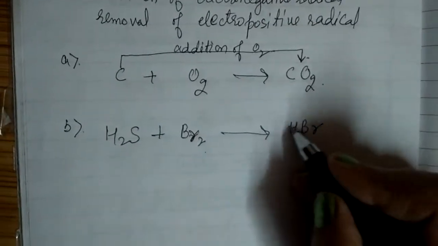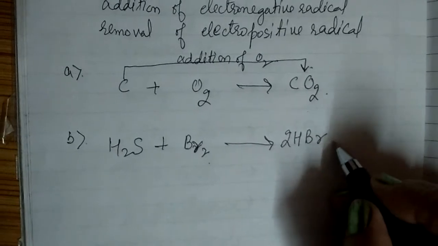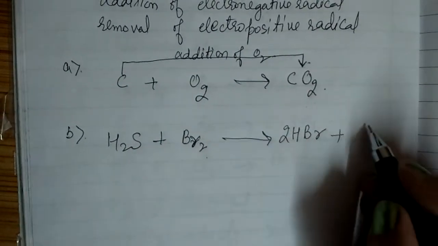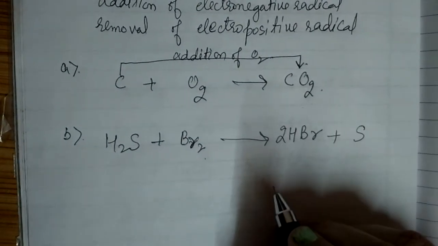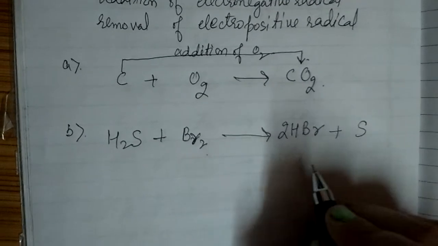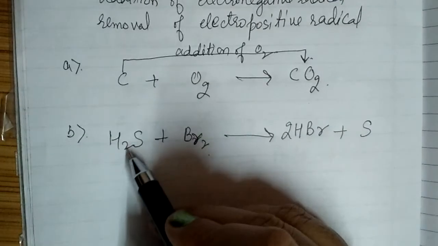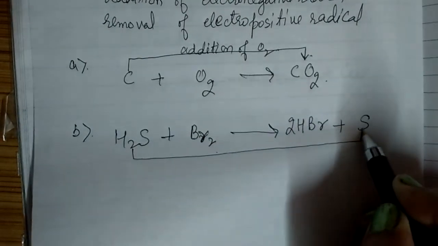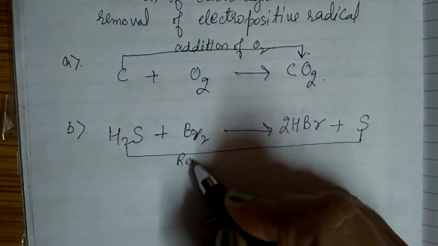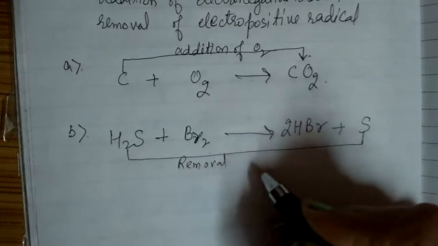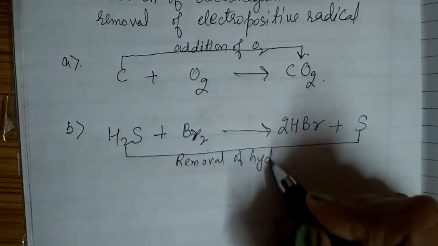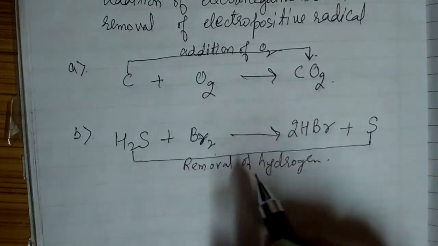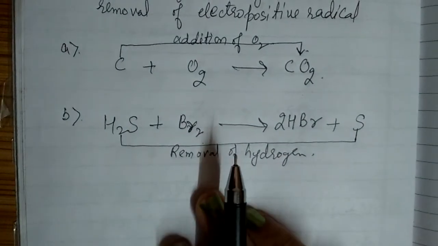So 2 molecules of hydrogen bromide are obtained over here, and the sulfur is removed. So in this case, from the hydrogen sulfide there is removal of hydrogen.